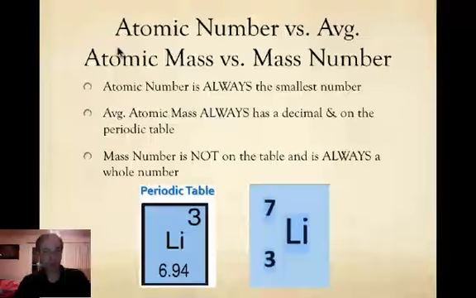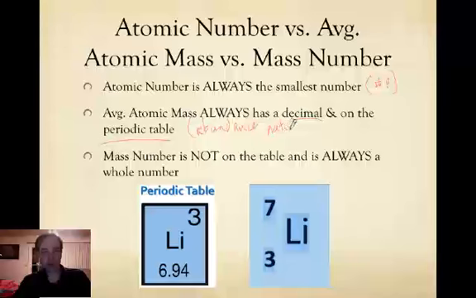Okay, so let's talk about what's the difference between these guys. Again, they sound really similar, right? So atomic number, this guy here, is always the smallest number because it's the number of protons. Okay, the average atomic mass always has a decimal and it's on the periodic table. Why? Because it's the abundance in nature. That's all it tells you.